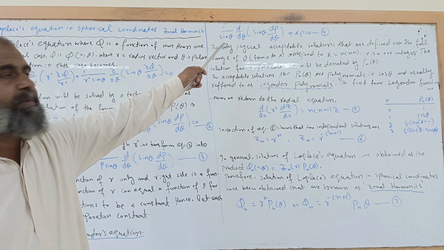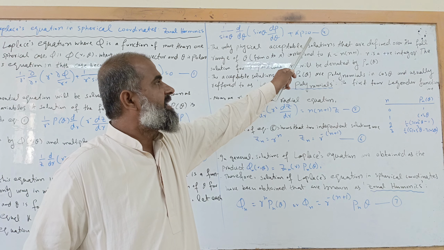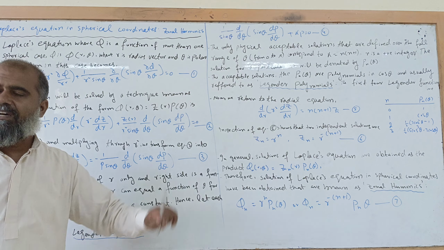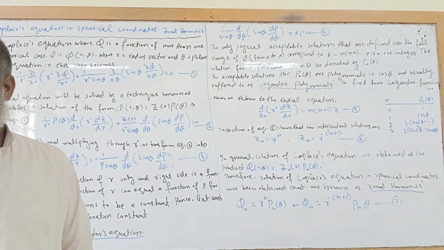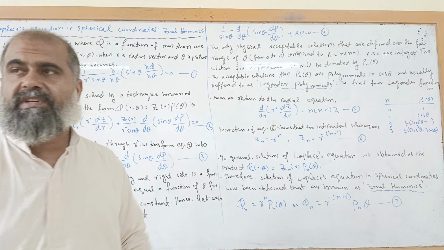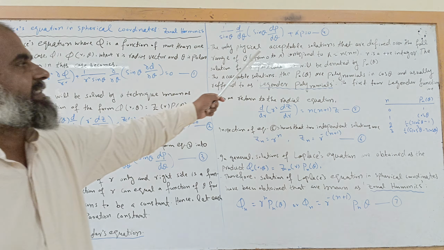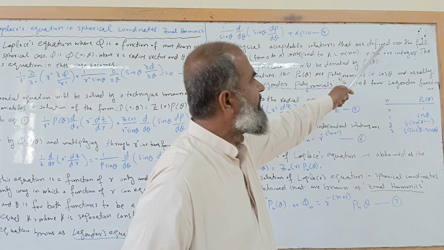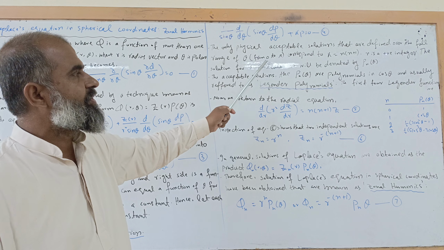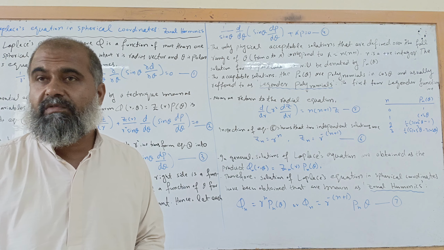That is why there is no P over here, and this kP will be brought to the left side, and after that we get this equation. The only physically acceptable solutions that are defined over the full range of theta from 0 to pi correspond to k equal to n into n plus 1.